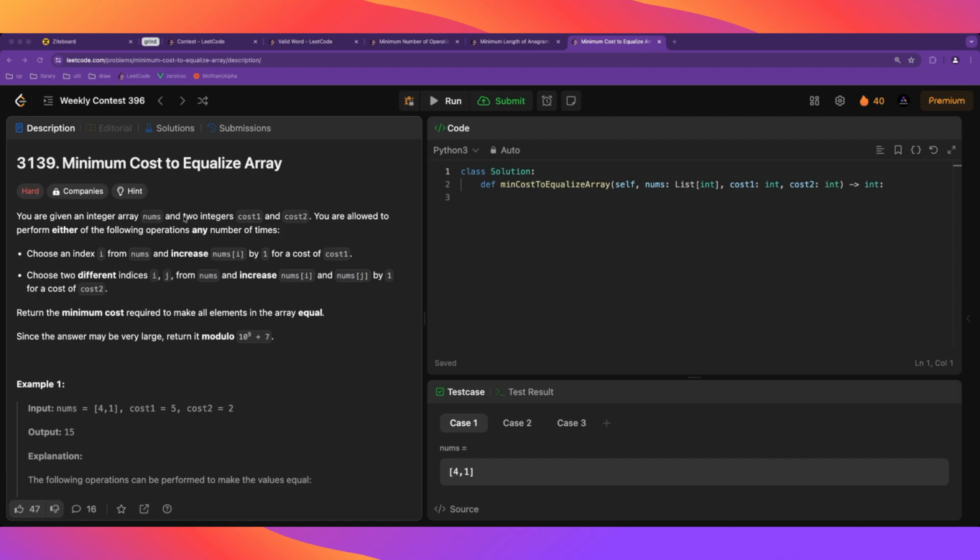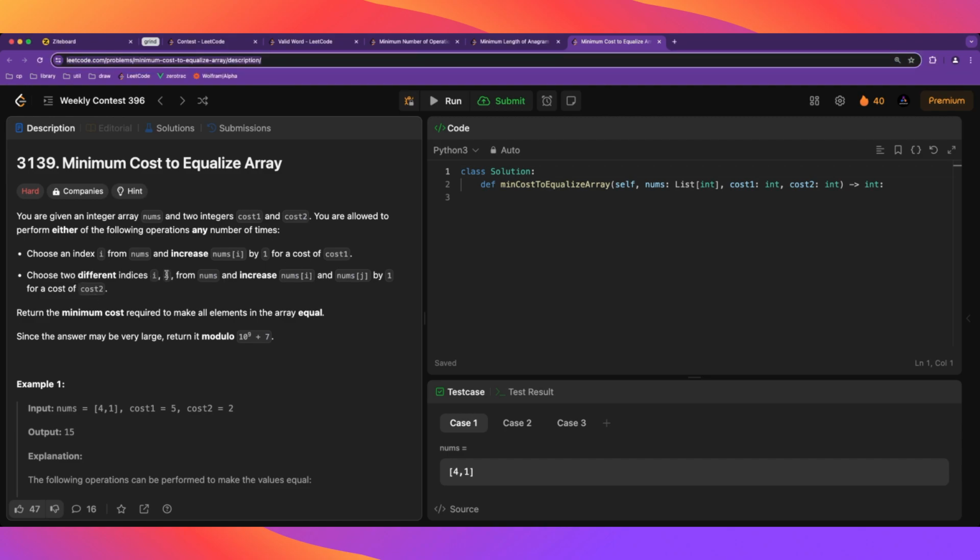You're given an integer array, nums, and two integers cost 1 and cost 2, and you're allowed to perform either of the following operations any number of times. Choose an index i from nums and increase nums of i by 1 for a cost of cost 1.